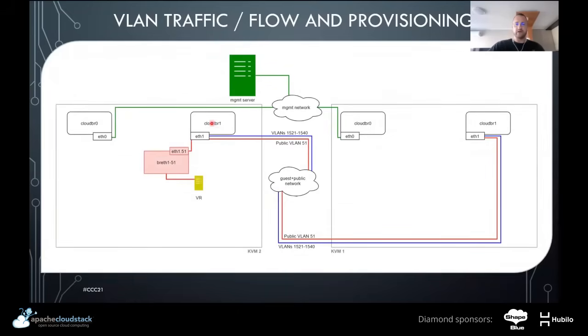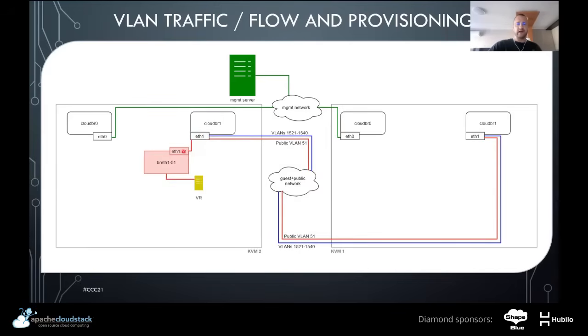You remember we defined cloudbr1 as the name for the traffic label for public and guest traffic. So CloudStack will say, all right, I should be using cloudbr1. Let me find out the child interface, or the physical interface, of that bridge, which is eth1, and it will learn that it's actually eth1.